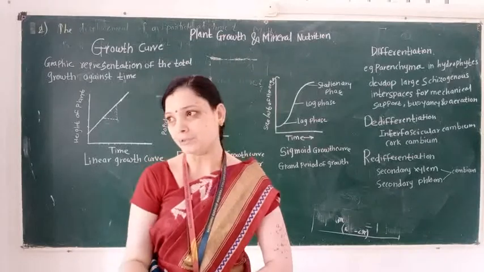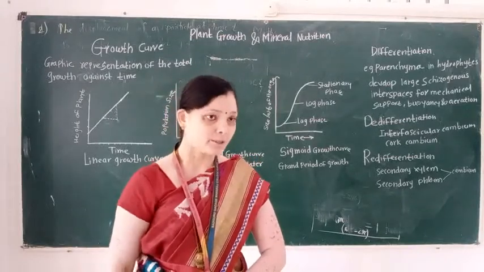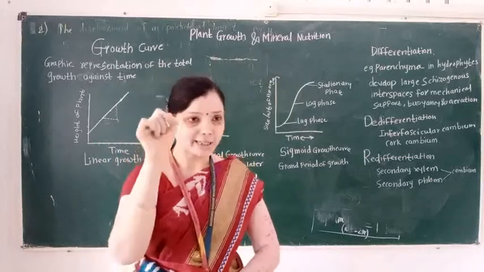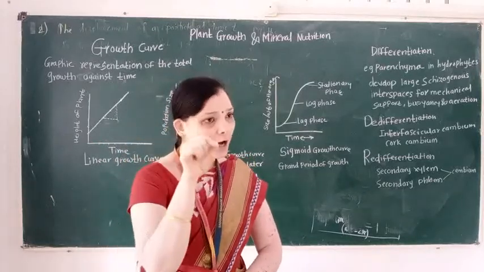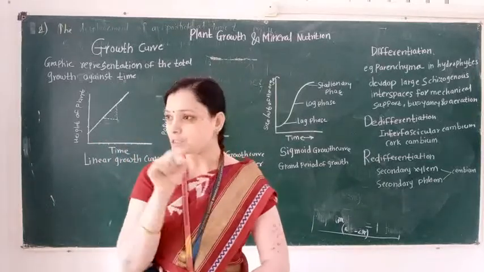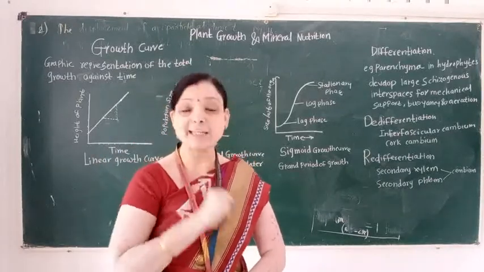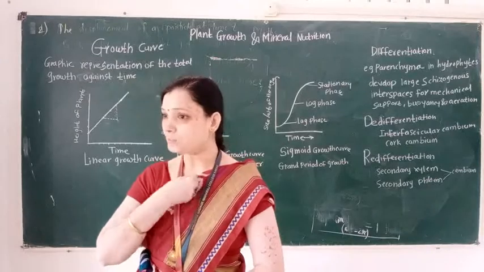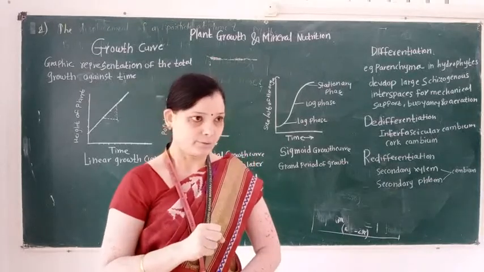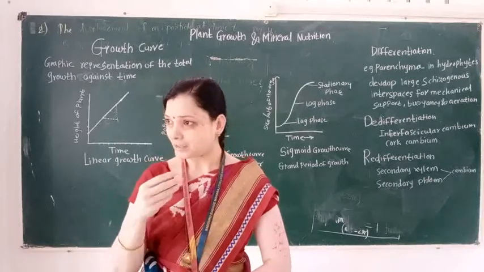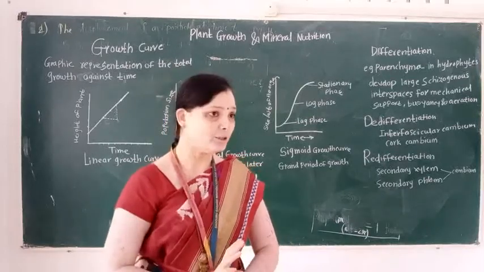But what happens in de-differentiation? De-differentiation means the differentiated cells which are formed from meristematic tissue sometimes regain the ability of cell division, and then new cells are formed.